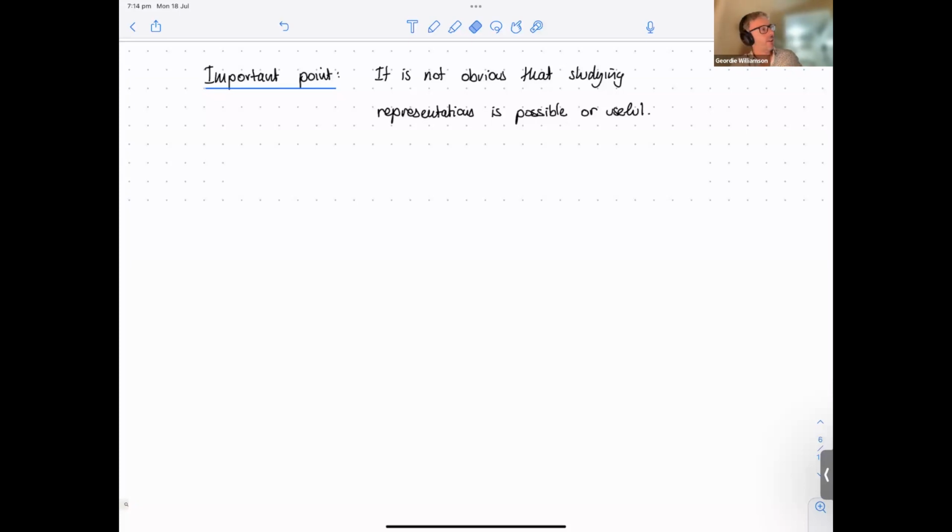But what is not so obvious is studying representations. You know, I said, let's look at all homomorphisms to matrices. And you're totally justified in thinking, why on earth does this person want to study homomorphisms to matrices? But the 20th century has shown us that such study is useful.